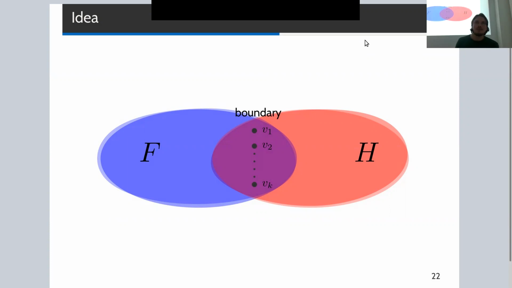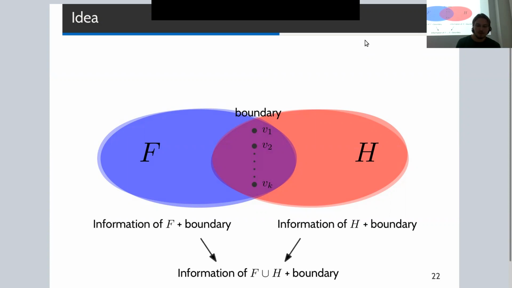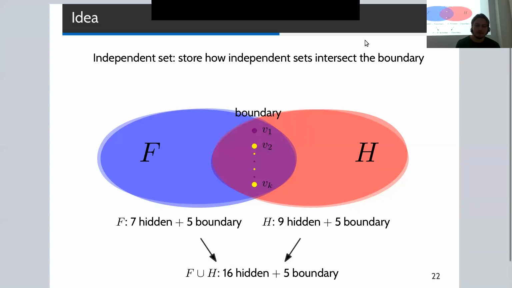And let's maybe see what we did for the independent set problem. In general, usually we stored some kind of information in f, where the boundary is highlighted, and some information on h, where the boundary is also highlighted, and we want to then combine it into some form of information on the union of these two graphs, where again the boundary has some special purpose.